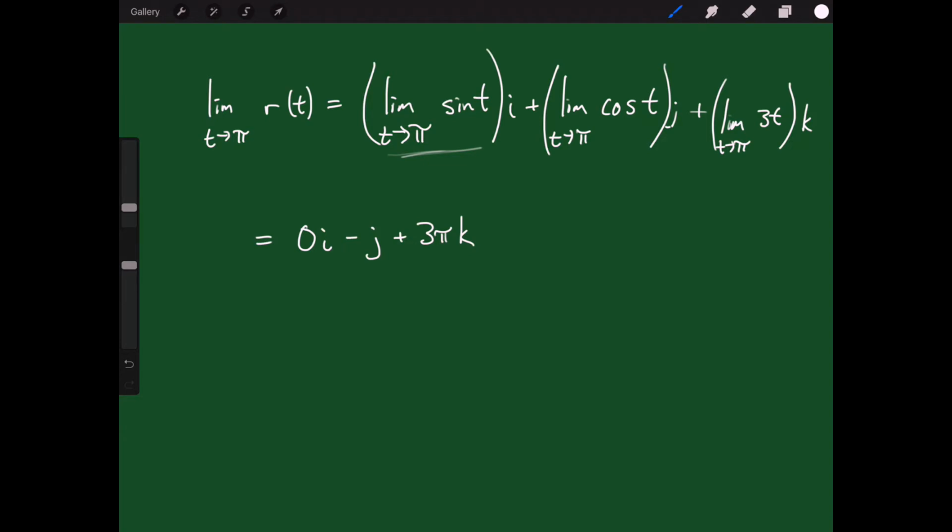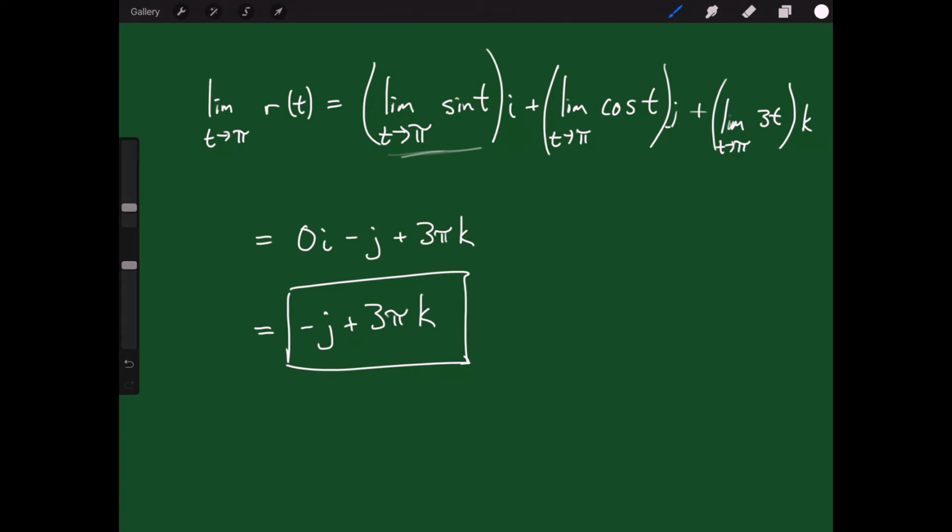Or if you prefer, the limit is just going to be -j plus 3 pi k. And that is the limit of that vector valued function. So really there's nothing new here. If you know Cal 1, you know how to take the limit of a vector valued function. You just take the limit individually of the i component, the j component, and the k component. And that's really all there is to it.